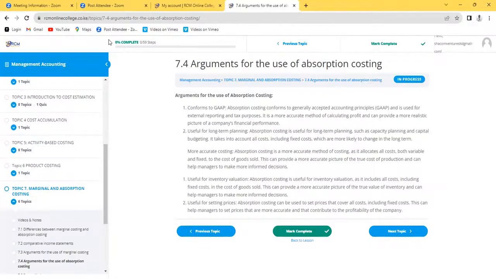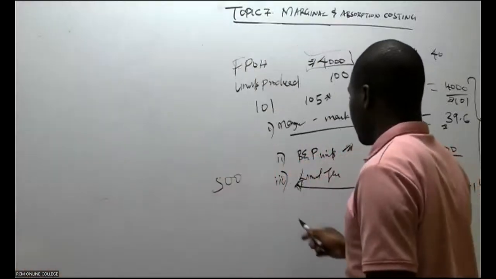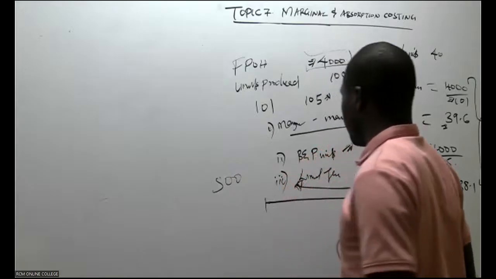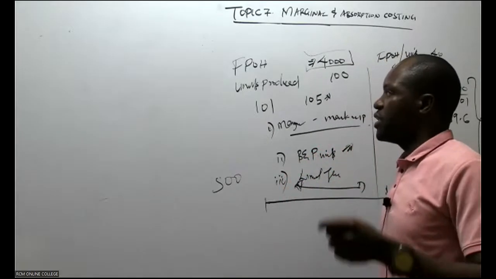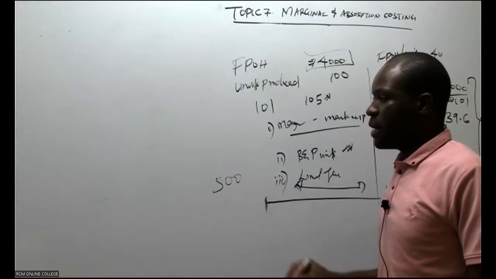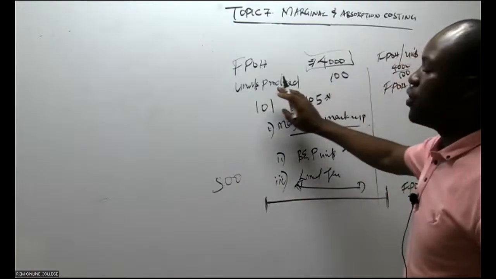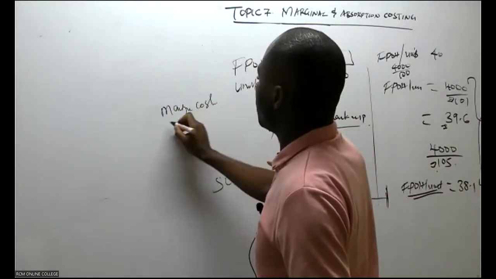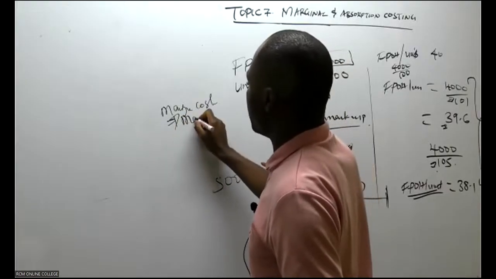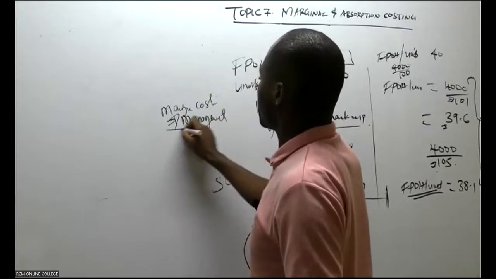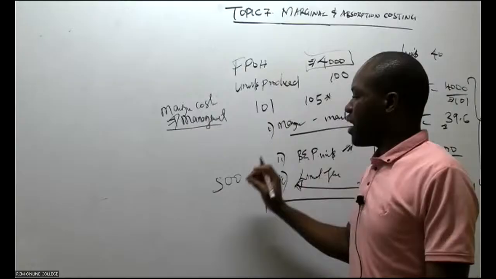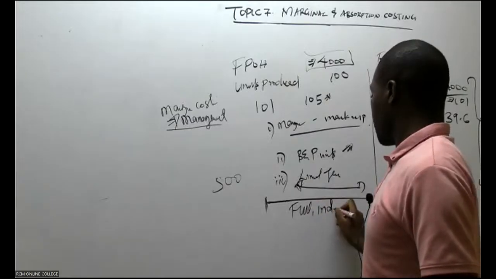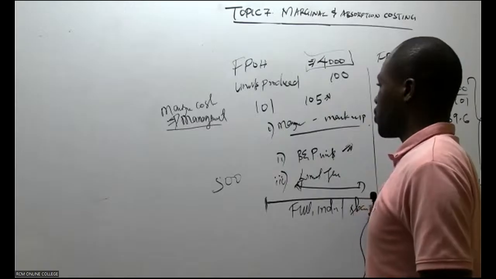Automatically, it confirms to us that those companies that are reporting their performance, publishing their financial statements, a manufacturing company or a company offering service and doing costing, don't use marginal costing. The marginal costing system is used basically by management, when preparing management reports. But when we are going to prepare published financial statements, you basically use full or indirect or absorption costing.